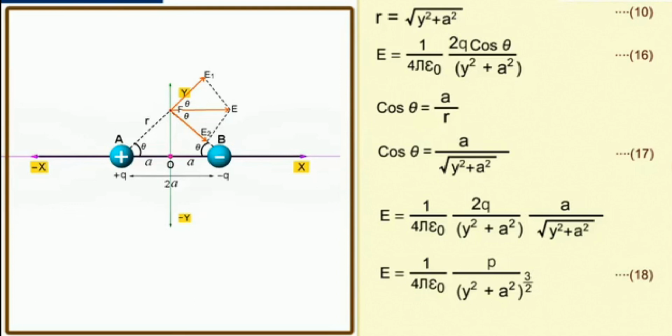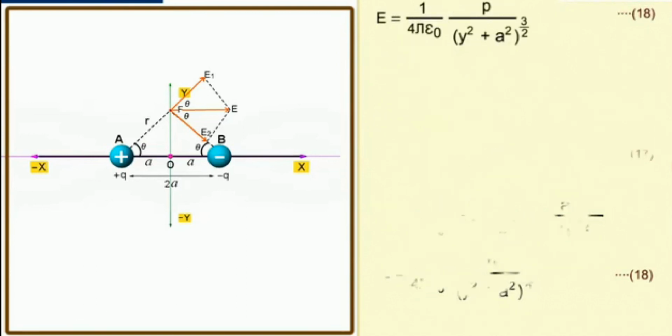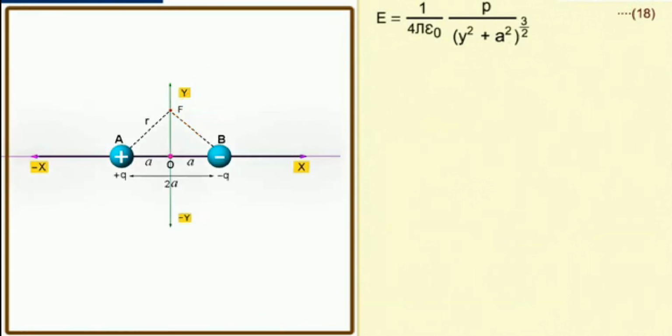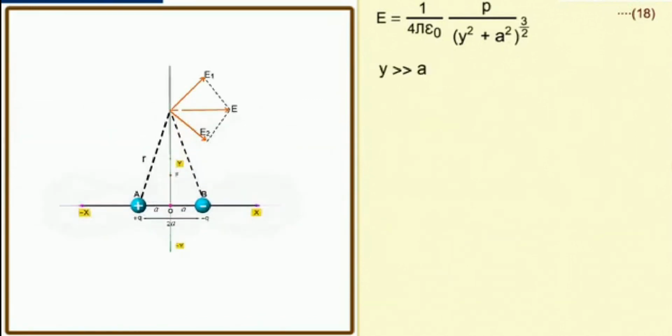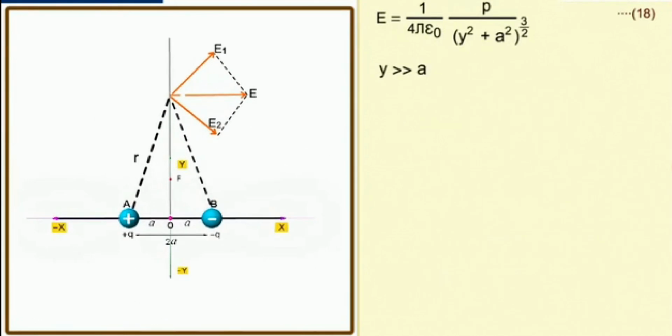The direction of the electric field strength at the point F is opposite to that of the electric dipole moment and parallel to the axis of the dipole, as discussed earlier. When the point F is at a very large distance from the center O, then y is very large as compared to a.